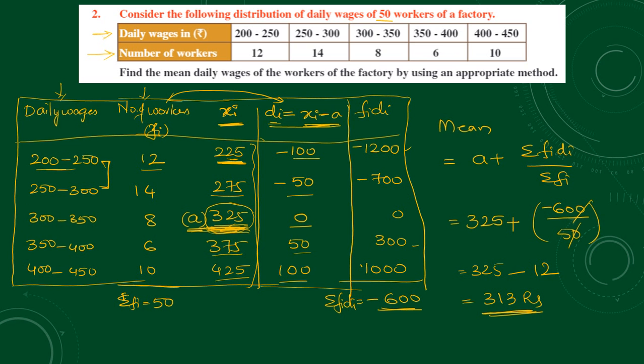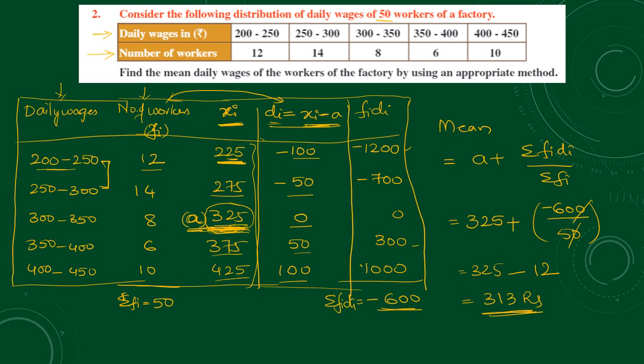Next di is obtained by taking any value as a from the xi. Don't forget, from xi we need to select a. Some students mistakenly take it from fi. That mistake you should not make, right? You need to consider a from xi only. So do remember this. From the third column you need to select the value of a.